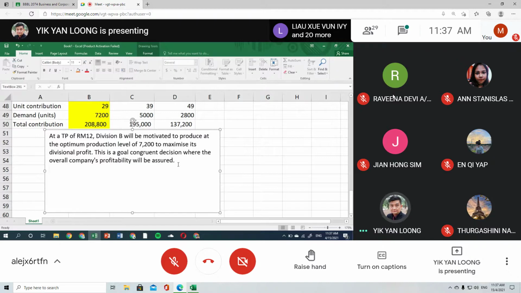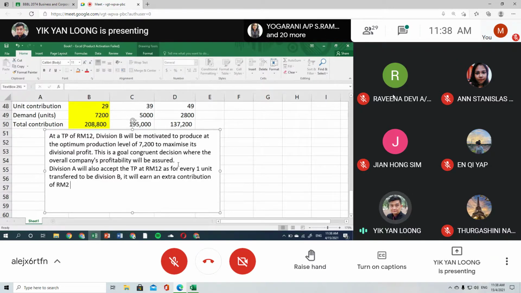Then you can mention, as I mentioned about division A, division A will also accept the transfer price at 12 since for every 1 unit transferred to B, it will earn an extra contribution of 2 ringgit, assuming fixed cost is not affected, since it is using spare capacity to produce it.